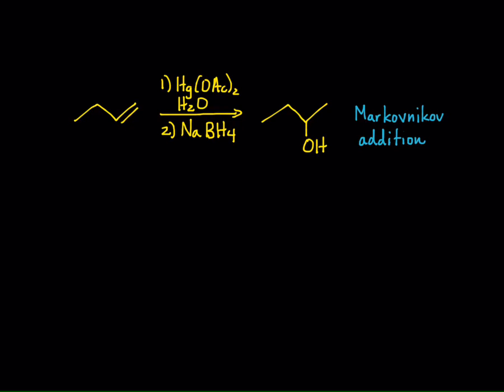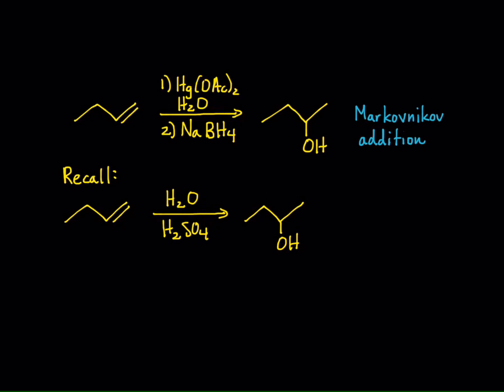Well, remember, we've already seen a Markovnikov addition. If I take 1-butene reacted with water and sulfuric acid, I get the same thing. So why would we need another reaction to give us the same product?